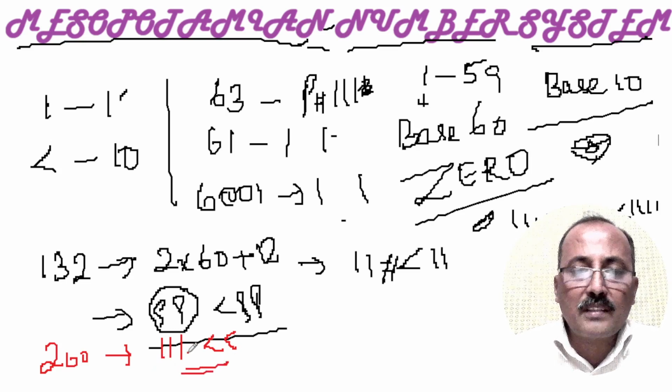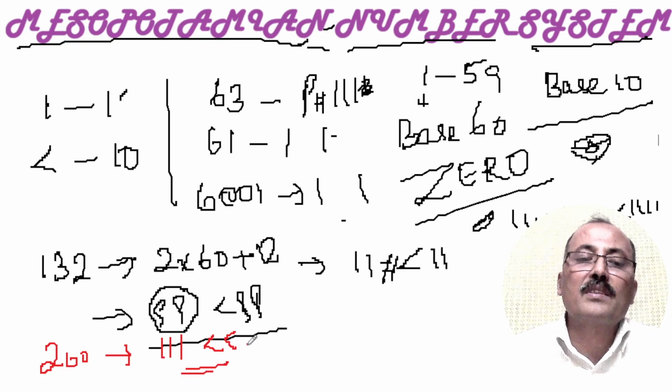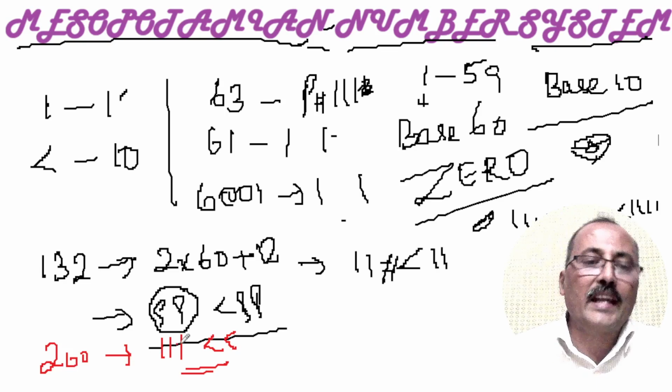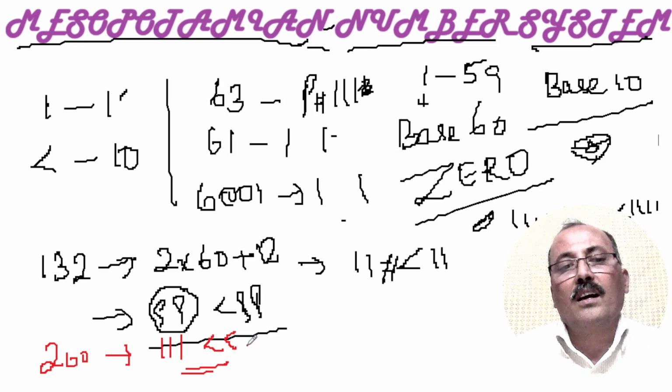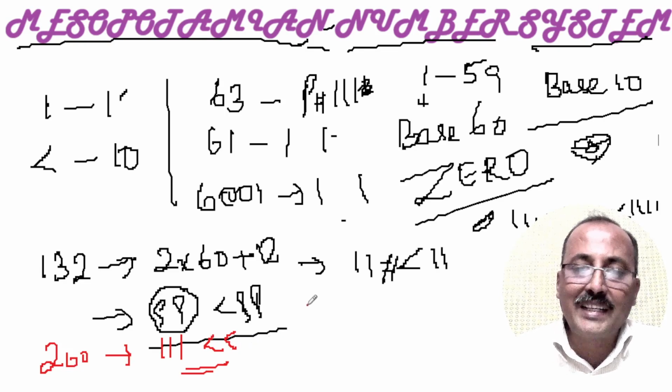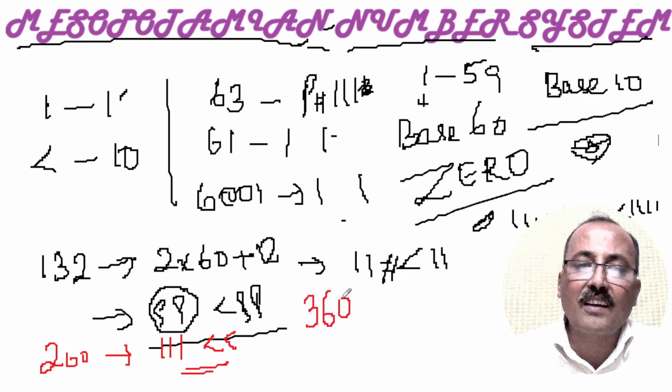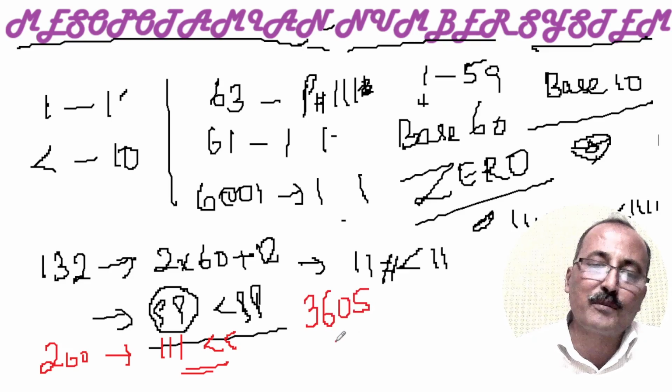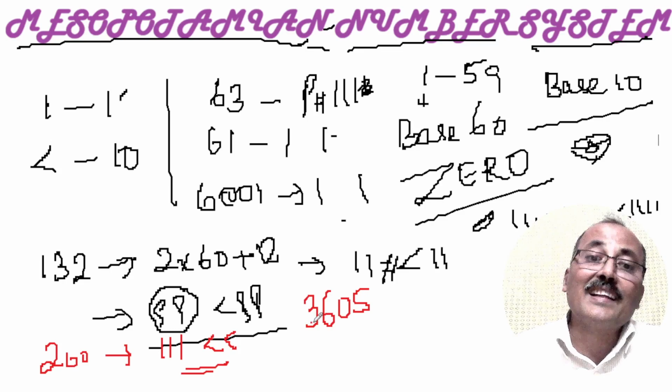So 3 symbols of 60 and 2 symbols of 10. Is it okay? 3 symbols of 60 means 180, correct. And 2 symbols of 10. That is 200. Then suppose some bigger number, 3605, as given in the textbook, if it comes, what will they do?